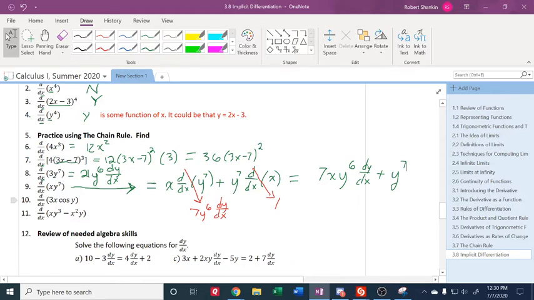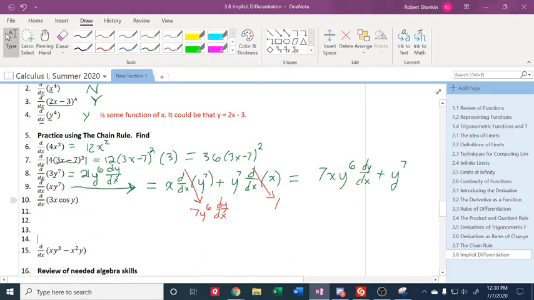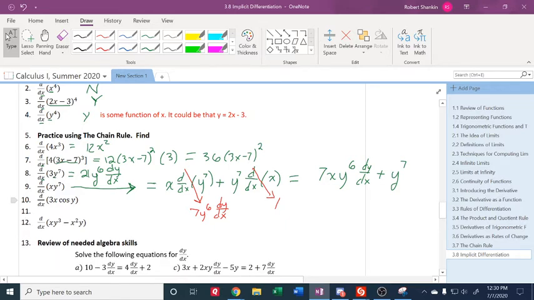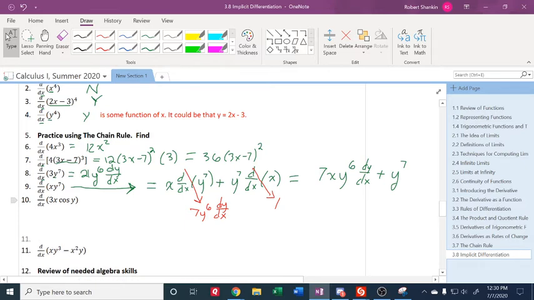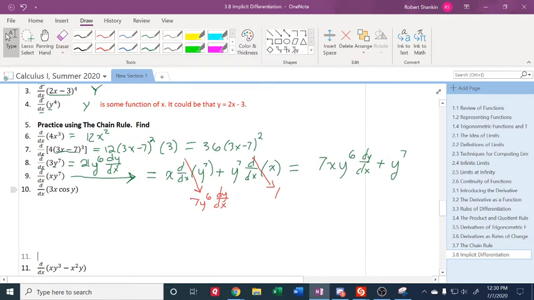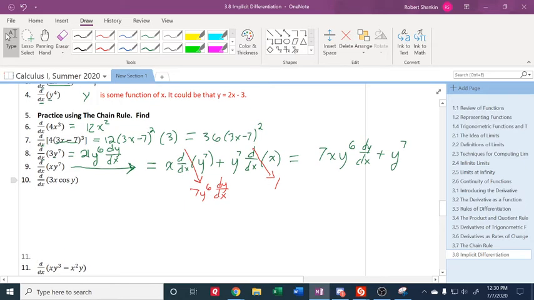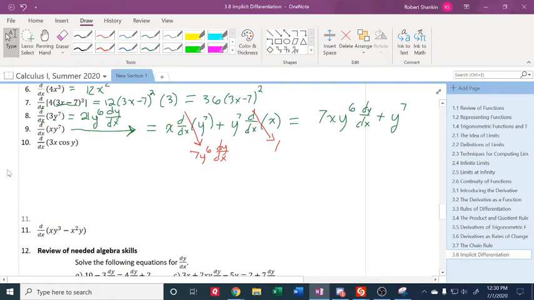All right, let's go to this next one. All right, take the derivative on number 10. And you're going to need the product rule. So go ahead with that one.